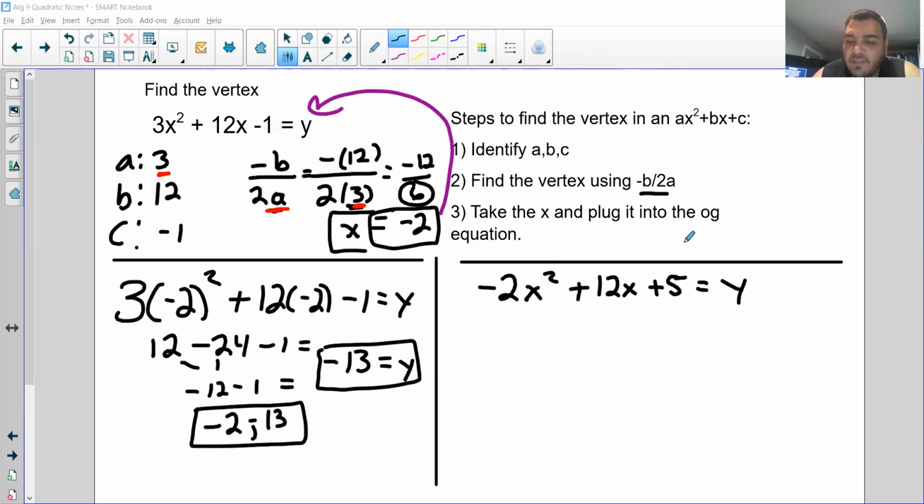Let's see what 5 minutes does. Okay, Google, put a timer for 5 minutes. Again, privately chat me what you think the answer is. I actually have to do it on paper real quick so I can get the answer. Remember, a negative divided by a negative is a positive.